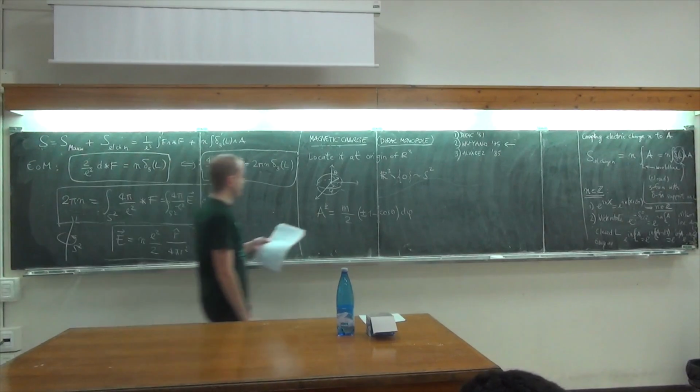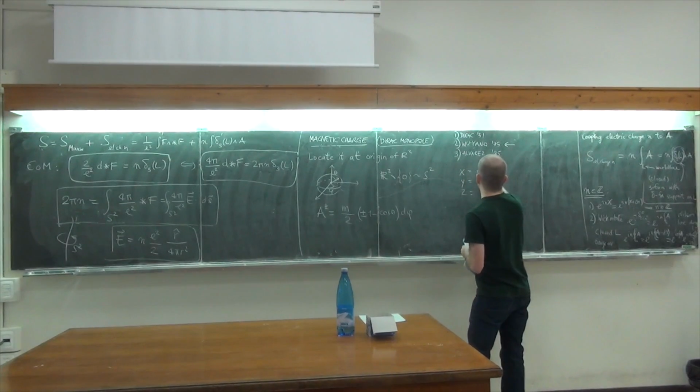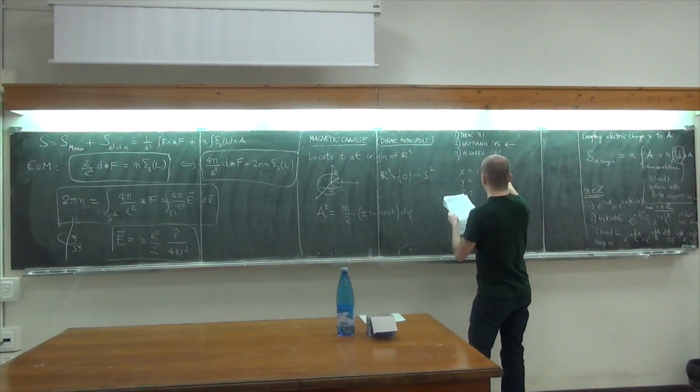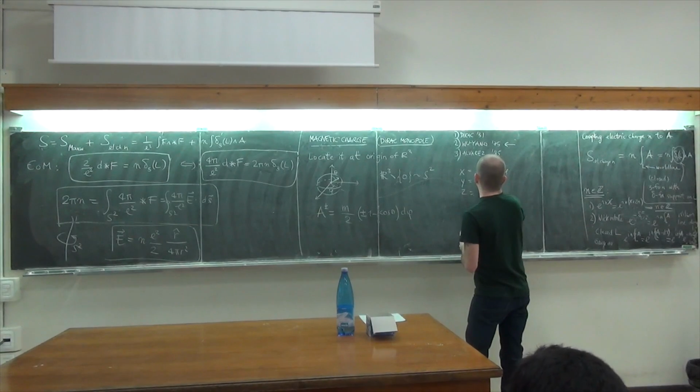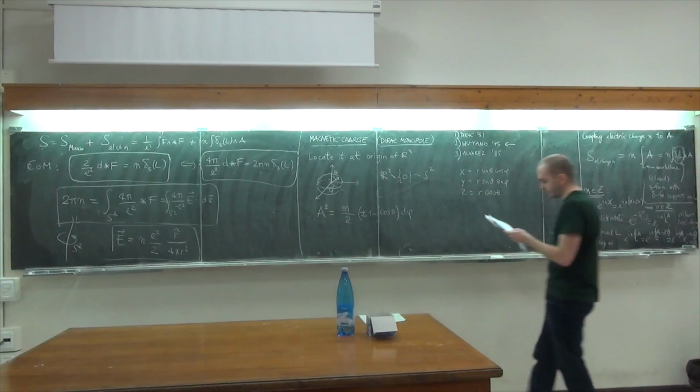Okay. And so in particular, if you use the usual coordinates x, y, and z, x is r sin theta cos phi, y is r sin theta sin phi, and z is r cos theta.